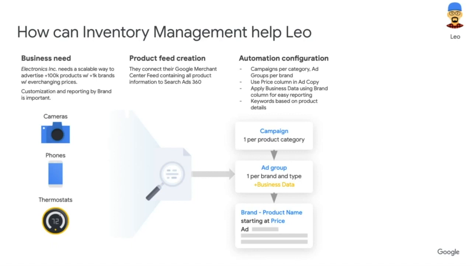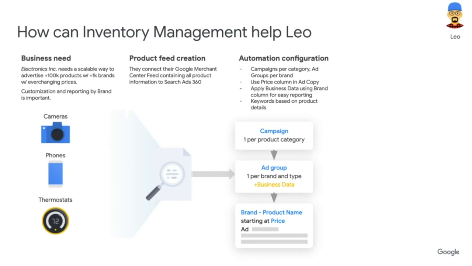So a feature that Bryan highlighted earlier, in his ad group template, Leo is going to also immediately associate the right business data to that ad group using that brand column, so that at a later stage, when actually evaluating the performance of his campaigns, he's going to be able to slice and dice his data by this brand across the various product categories or any other entities, and see how conversions, how clicks, how all the metrics that he's tracking are reported by that entity.